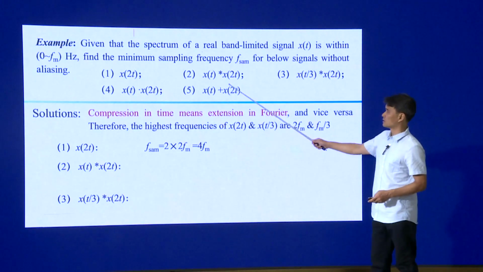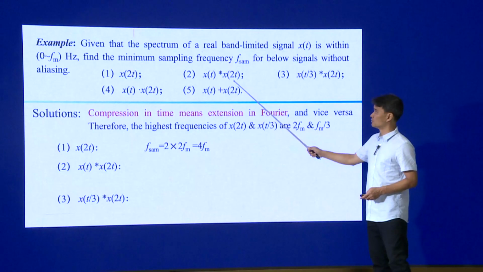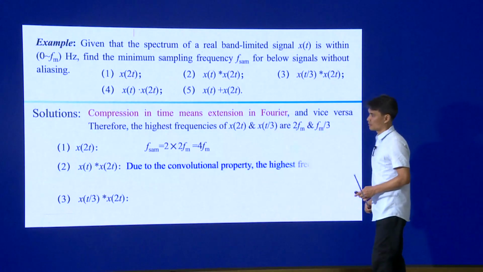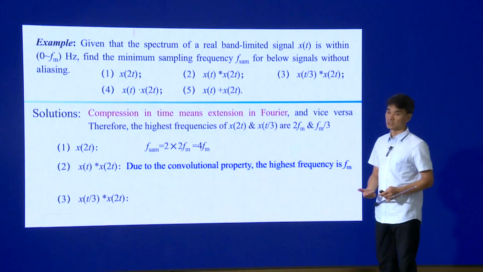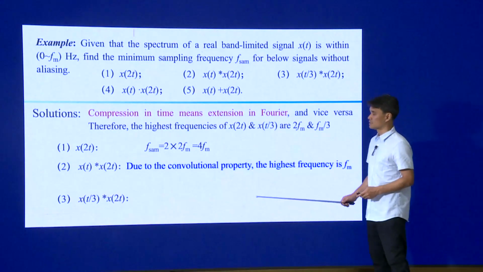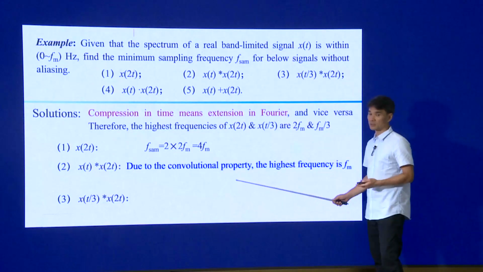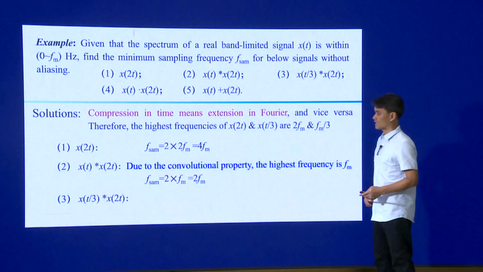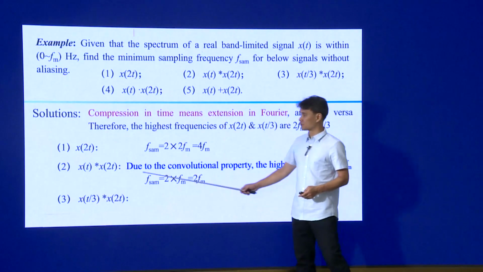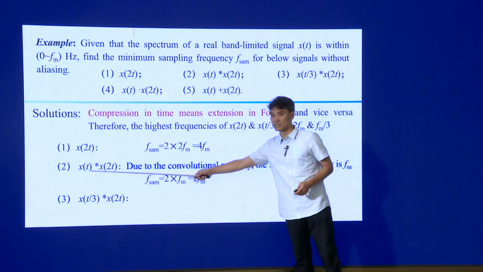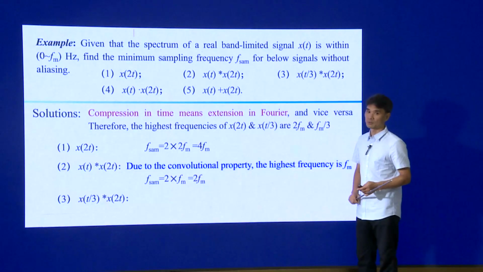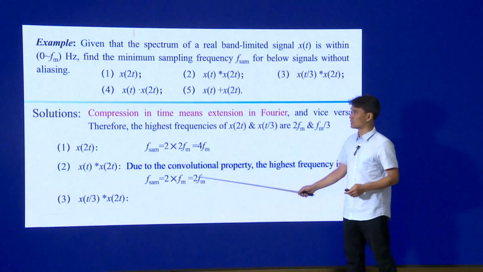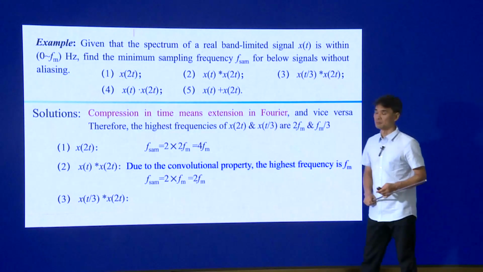For the second one, the original signal is convolved with the compressed signal. Due to the convolution in the time domain, in the frequency domain the spectra are in multiplication, so the maximum frequency is determined by the original signal. So the minimum sampling frequency is equal to twice f sub m.